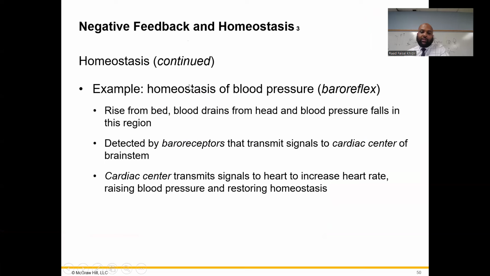Homeostasis. So that is an example of blood pressure when there is hypertension. When there's hypotension, the baroreceptor is involved. So when you wake up in the morning and you stand up, blood falls from your head and neck. So there is a drop in the blood perfusion to your brain, head and neck.